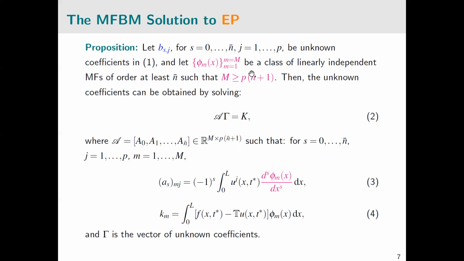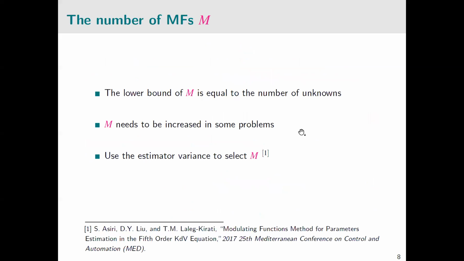Now let's focus on this part, which is the number of modulating functions. As I said, M, or capital M, should be equal to, or at minimum the number of the unknowns. And in some works, the authors prove that M needs to be increased in some problems.